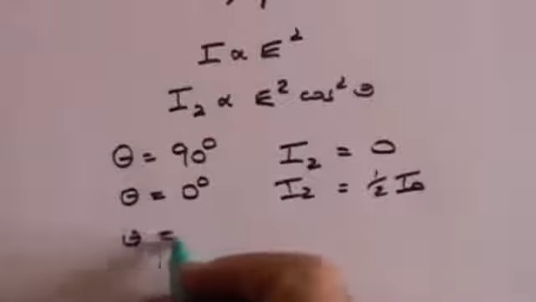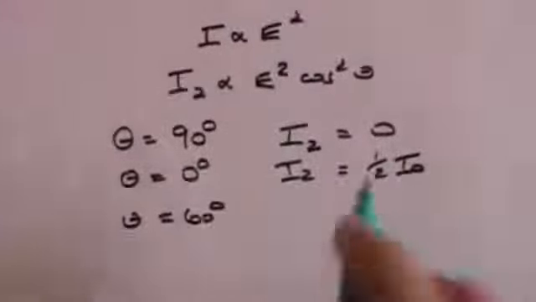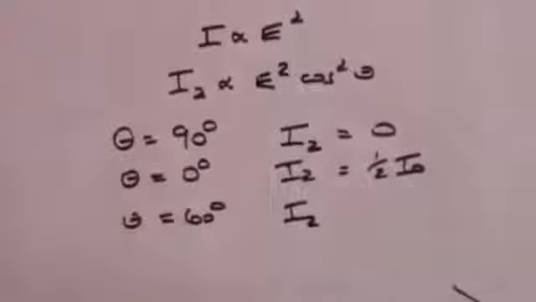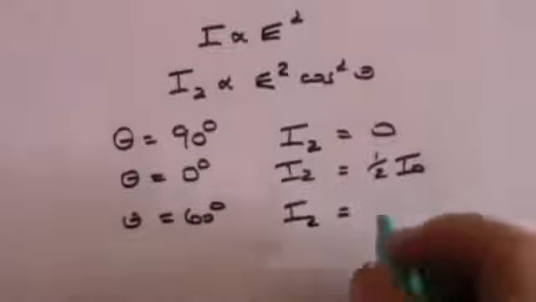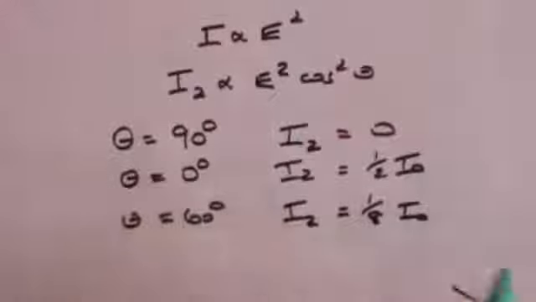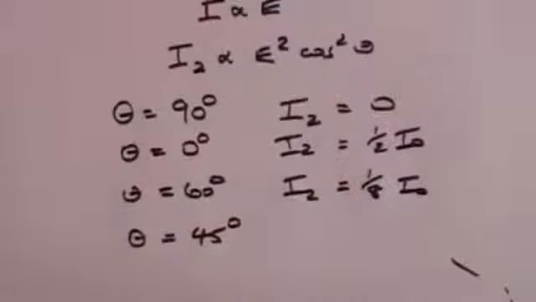Another example, if theta is 60 degrees, then you need to take cosine 60 and square it, and cosine 60 squared is a quarter, and so I2, the intensity of the light when it gets through that second polarizer, will be a half times a quarter, which is 1/8. And if theta is 45 degrees, then you want the cosine of 45, which is 1 over root 2.